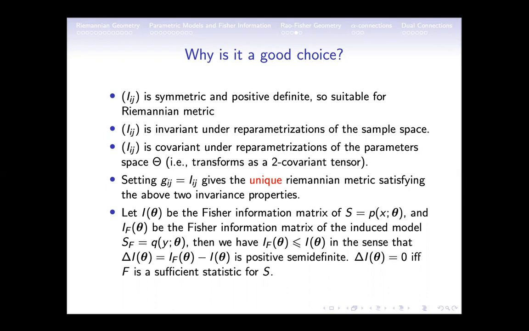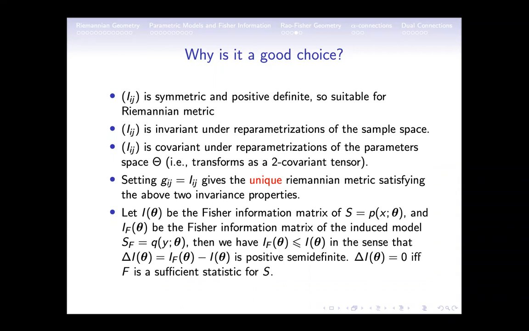And suppose we take an induced model. By that, I mean you take a function of the data and condition with respect to that function of the data. That's the induced model, because from the bigger model S you get the smaller model S_F. From p(x, theta), we get q(y, theta), where y is some transform function of x.